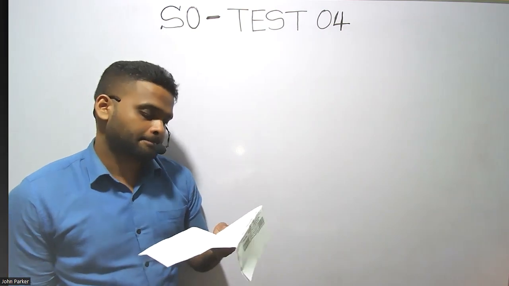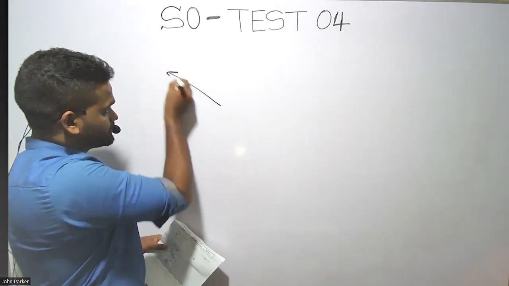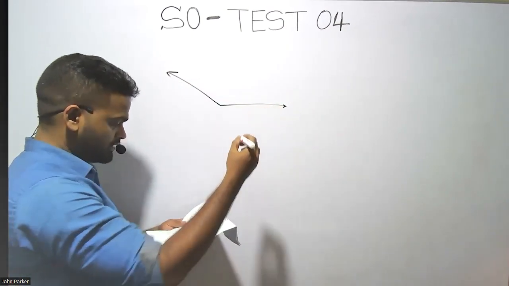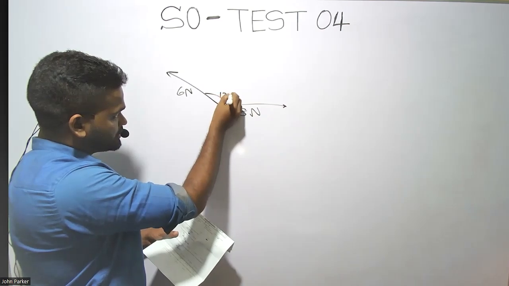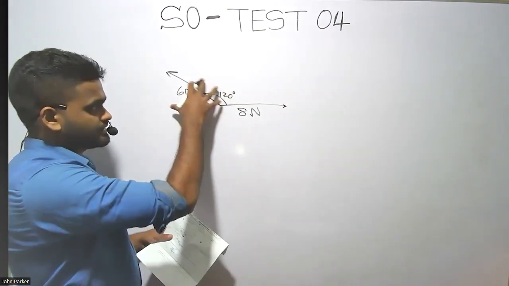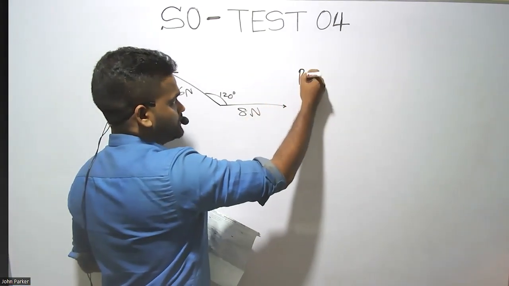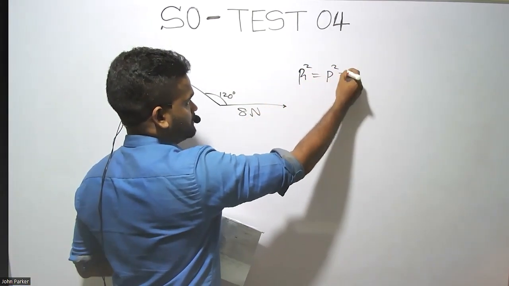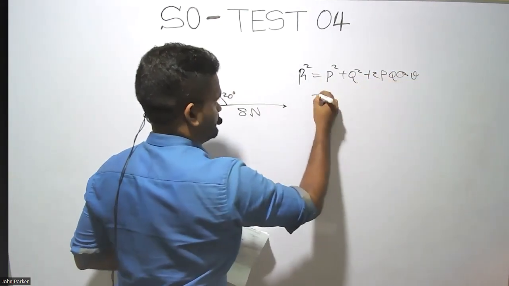We have two forces given, 8 newton and 6 newton, and the inclination is 120 degrees. What they ask is the resultant of this system. To find the resultant, we know this equation: R squared equals P squared plus Q squared plus 2PQ cos theta.